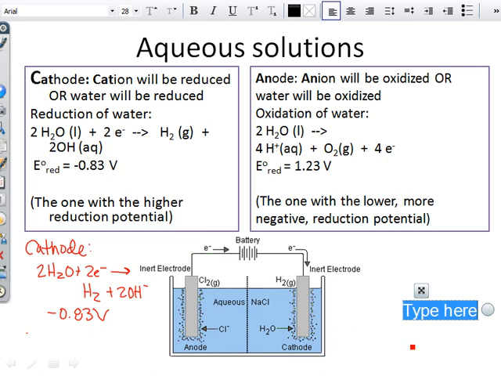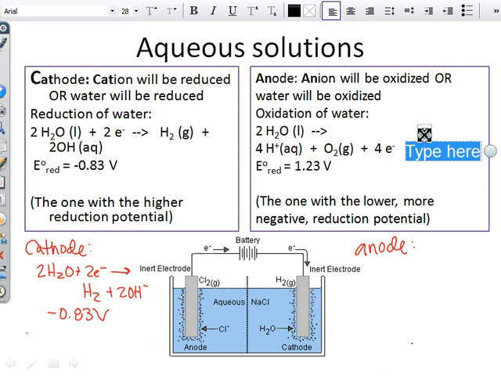All right, at the anode, we have two choices. They are what? Cl minus or water. Make sure you're looking at the correct water. We want the lower one. After you flip it, right? Nope. Just on the chart, which one's lower? The water is lower. Okay, so we're going to use the water again. We're going to flip it.